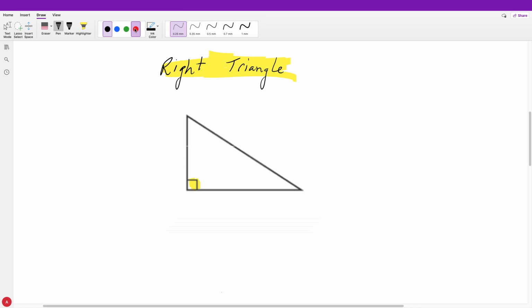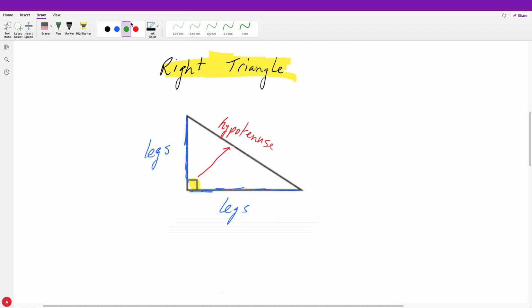All right, now there are certain parts of the triangle that you have to know. The side opposite of our 90-degree angle is referred to as our hypotenuse. And then the two sides that come together to form that 90-degree angle are referred to as our legs.